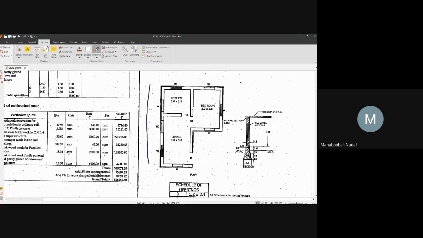Center to center. 8 sir. 8.3 sir. Check again. I will tell once again. This side 0.3 by 2 plus 8.1 sir. 0.5 plus 0.3, 8.3 sir.